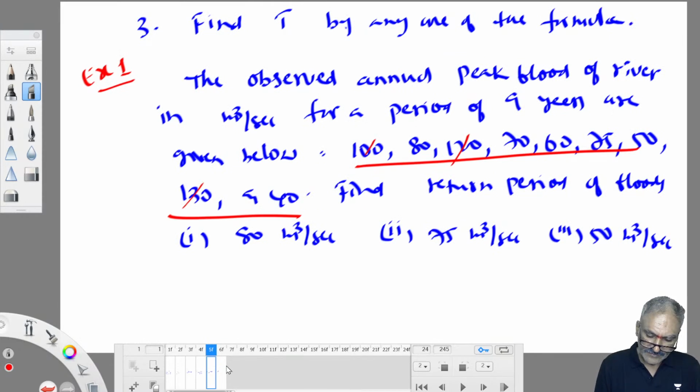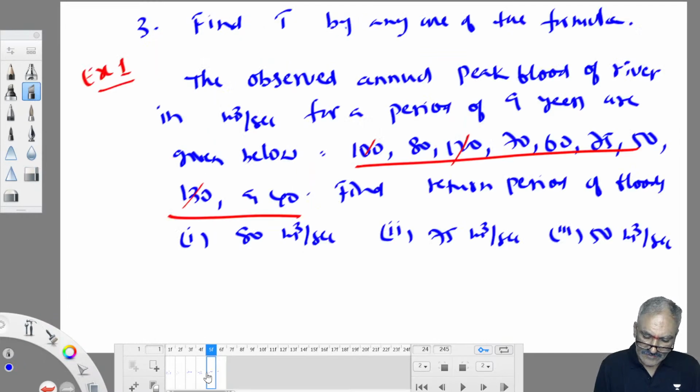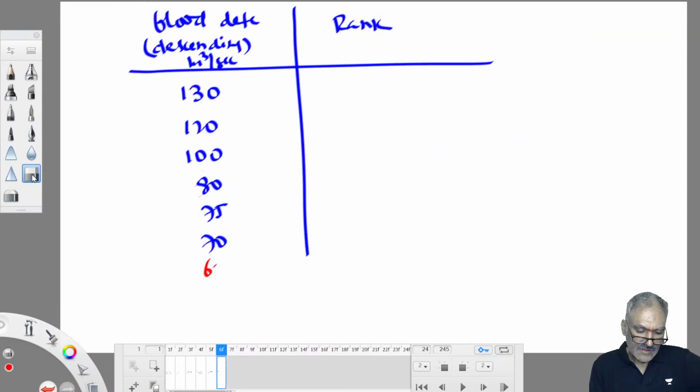Next 75, 70. So we took all these values. I am striking them off so that we don't leave any data. Then 60, 50, 40. So all data is posted. Now assign the rank.